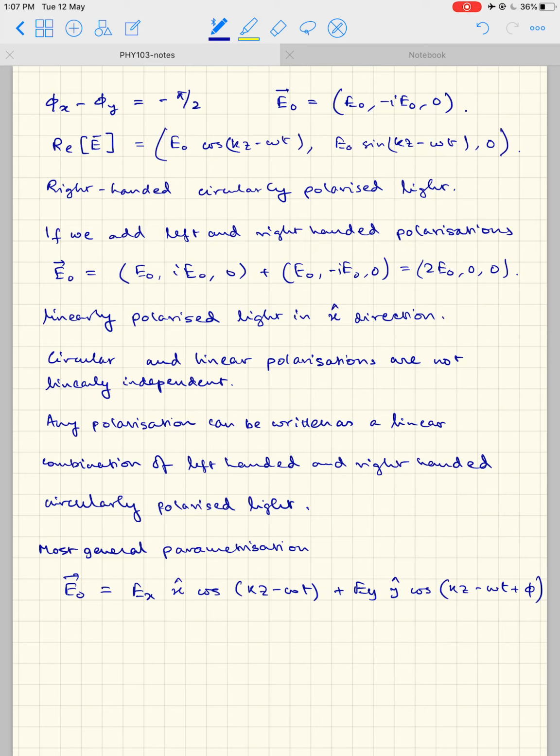It therefore describes an ellipse, and this is called elliptical polarization.